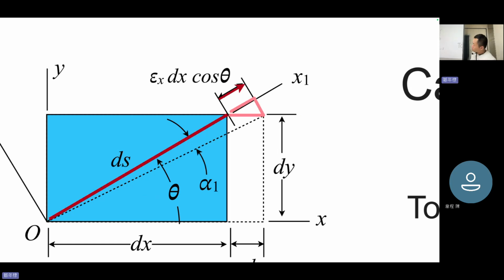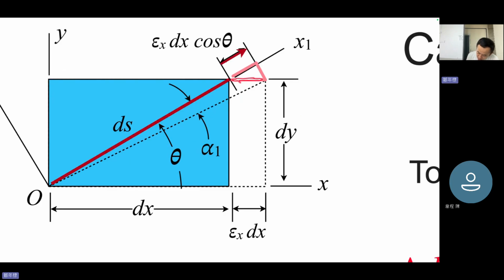So you see, this is epsilon x dx expanding in the x direction.